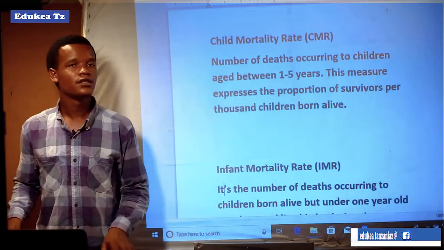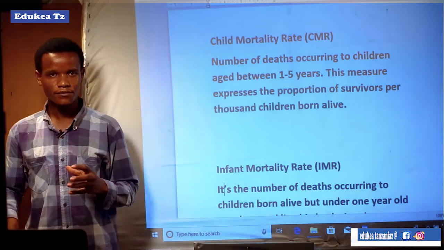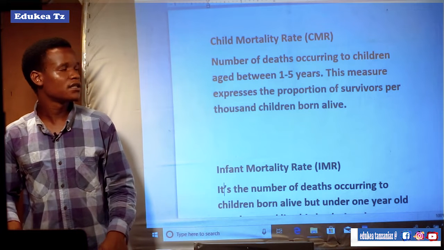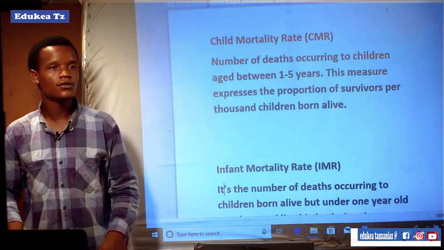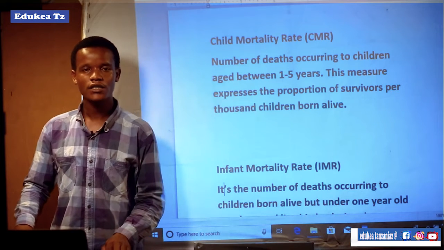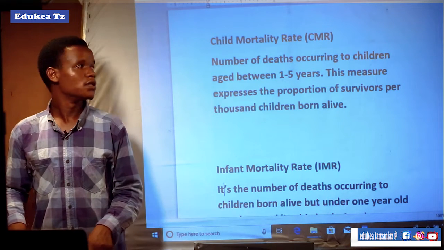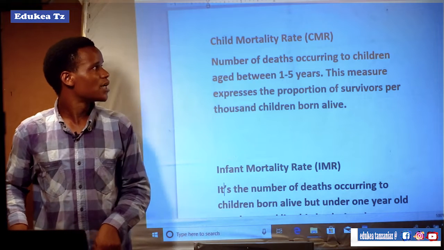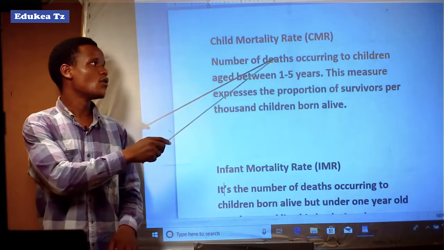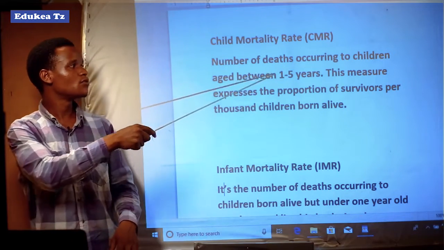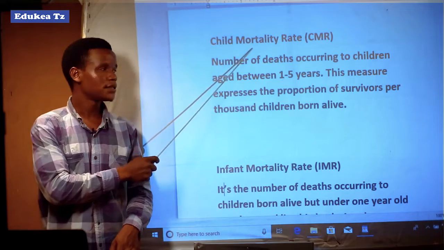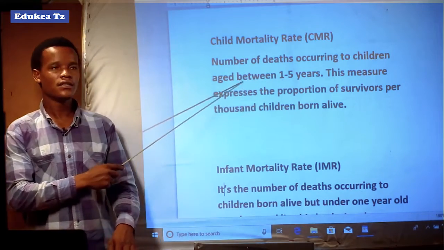If the child is 1 up to 5 years old, this is categorized in child mortality rate. Those deaths occurring to children aged between 1 up to 5 years are what is called child mortality rate.